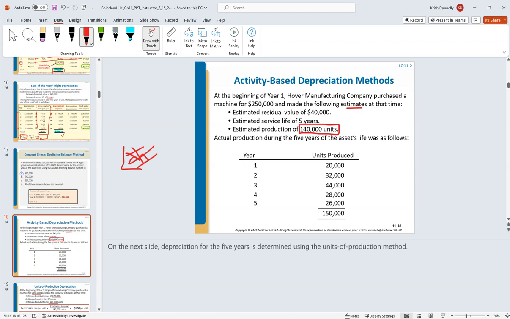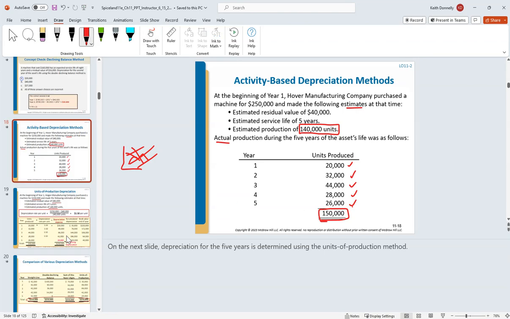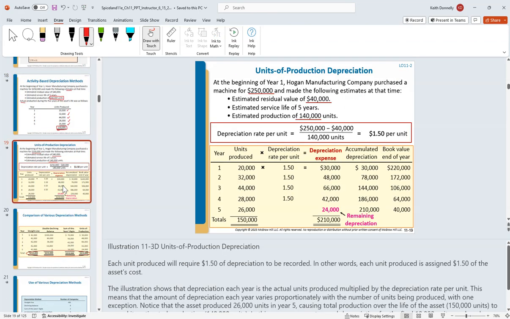We estimate that we can make 140,000 muffins with this. That's an estimate. Then we look at actual production. In year one, we made 20,000 muffins, 32, 44, 28, 26. Ultimately, we underestimated: we thought it was going to make 140, but at the end, it truly made 150. How do we depreciate this KitchenAid mixer under an activity-based method?